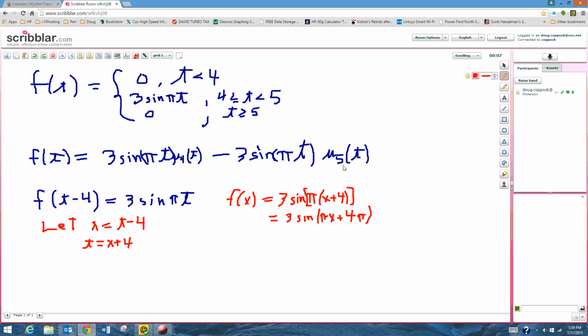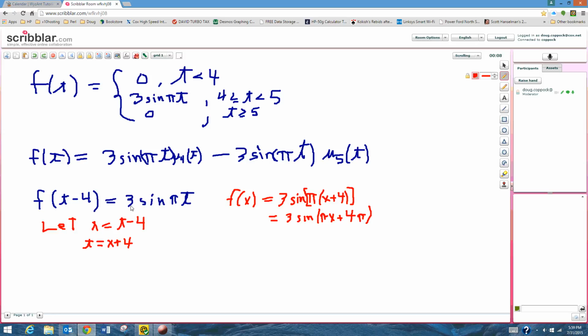And then I said, well, we need to, for this guy, figure out what the function would be if it was transposed 4 units to the right, because that's what we want to take the Laplace transform of: mu of 4 times f of t minus 4.